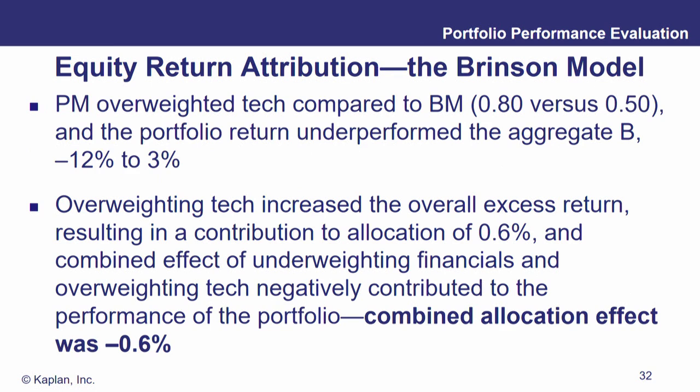They did overweight tech compared to the benchmark, 0.8 versus 0.5, and the portfolio return drastically underperformed the aggregate benchmark, negative 12% to 3%. So overweighting tech increased the overall excess return, resulting in a contribution to allocation of 0.6, and the combined effect of underweighting finances and overweighting tech negatively contributed to the performance of the fund, and again, the combined allocation effect was negative 0.6%.